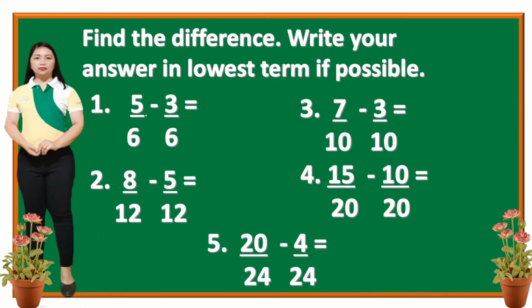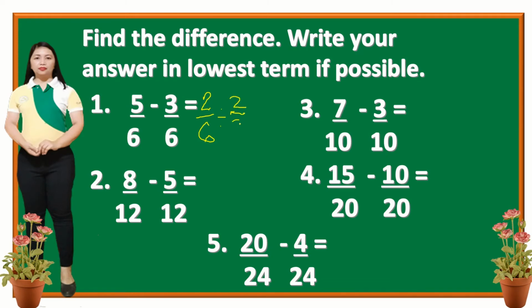We will now answer. What is 5 minus 3? 5 minus 3 is 2 over 6. Do we have the same answer? Yes, ma'am. But this is not yet in simplest form. It says here, write your answer in lowest term if possible. So this is not yet in lowest term, so we will divide 2 and 6 by 2.